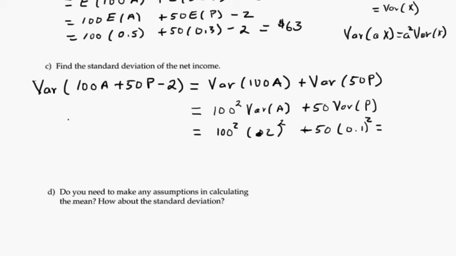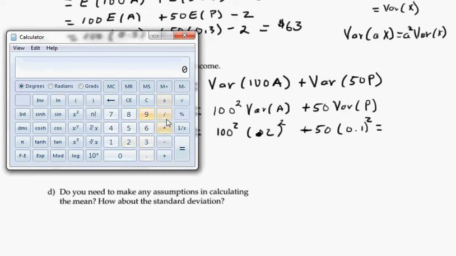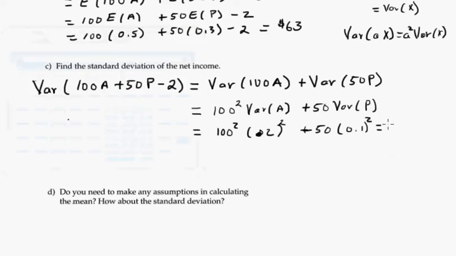So let me try again. 100 squared times 0.2 squared plus 50 squared, I gotta trust this calculator, times 0.1 squared equals 425. 425, exactly.